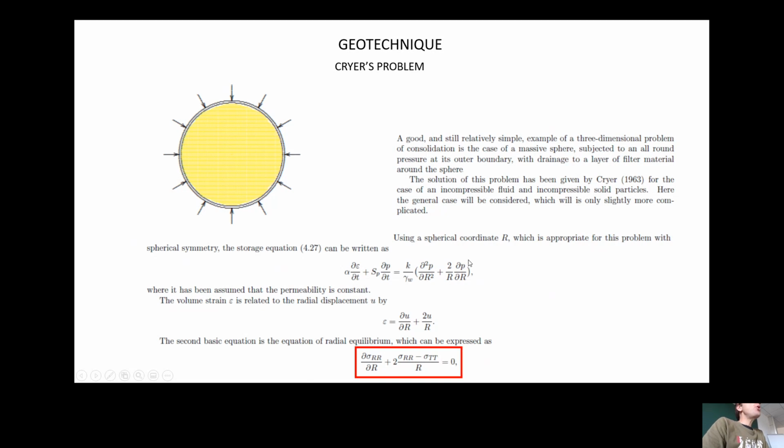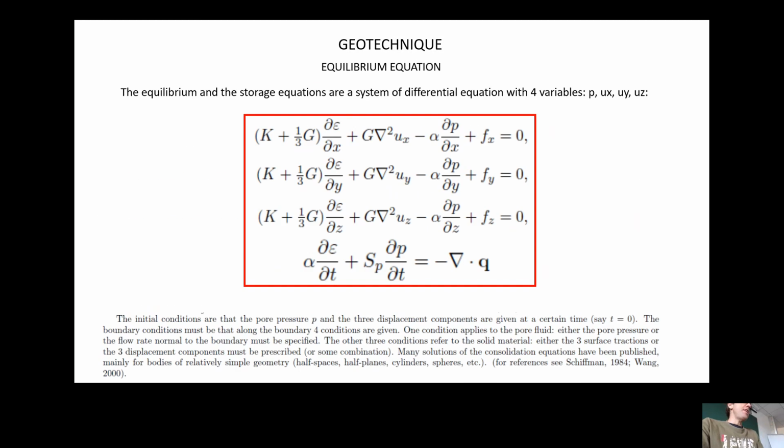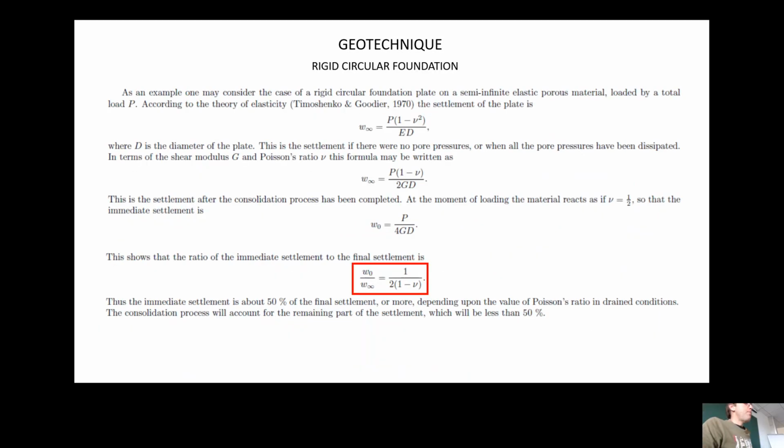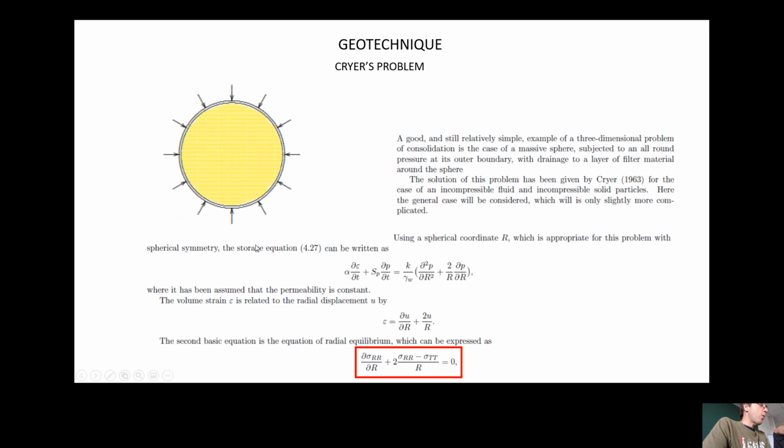You can see here that I'm using the spherical coordinate R. This comes from the drainage equation; the only thing is that it is rewritten in spherical coordinates. So we can use this equation, and the volume strain epsilon is related to the radial displacement U by epsilon equal to the sum of delta U over delta R plus 2U over R.